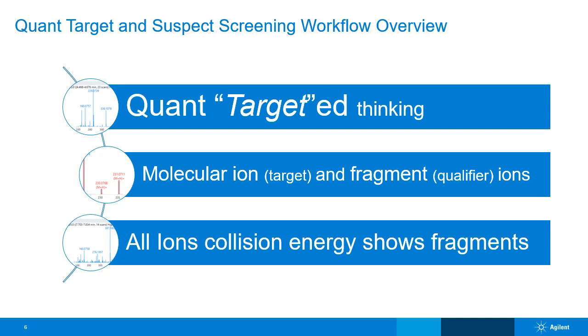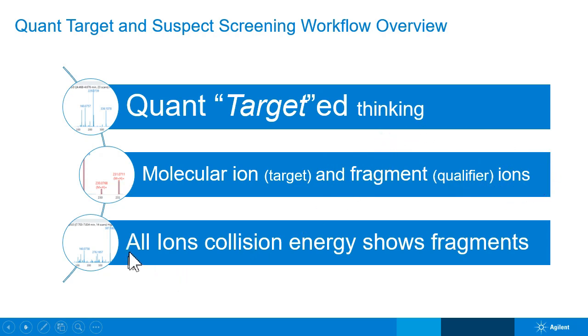Some other advantages of using Quant as the engine: Quant is very targeted in the way it approaches the entire thinking. It has targets, ions it looks for, and qualifiers. That fits very well with the molecular ion, which could be assigned the target, and then looking for confirmational fragments, which you could assign as the qualifiers.